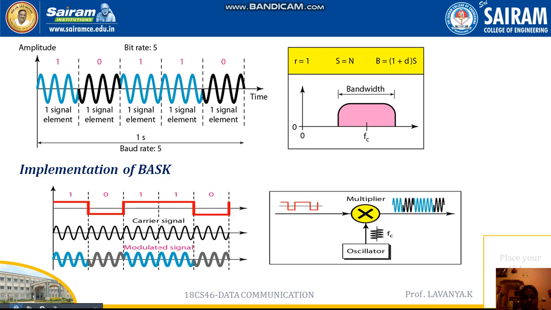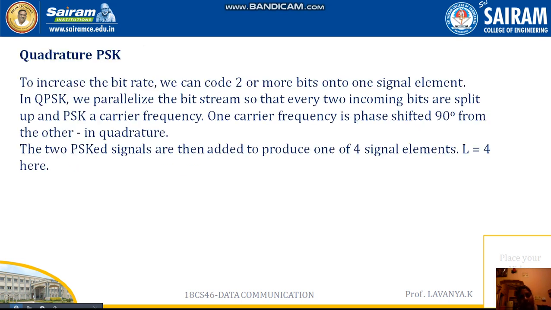Our binary phase shift key converts the digital signal with the help of an oscillator. The oscillator is a voltage controlled oscillator, meaning based on the input level it changes the result. This is our binary phase shift key. Finally, whatever results we get, all that data should be modulated signals. Then the final method is quadrature PSK.